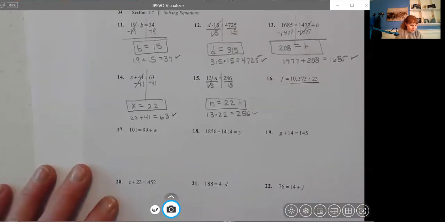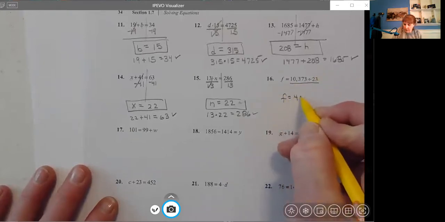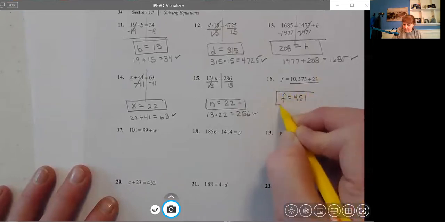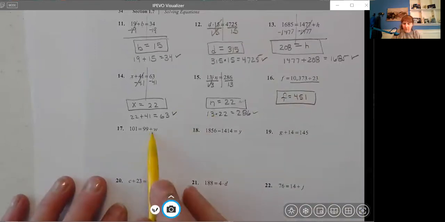So again, I'm going to use my calculator. 10,373 divided by 23. So F then is equal to 451. So sometimes you move and sometimes you don't. So you just have to be aware of that. And we're doing the opposite operation in order to get a variable by itself.